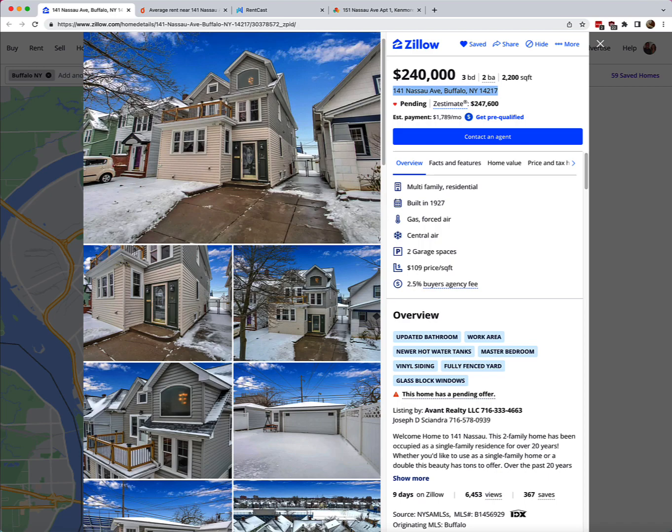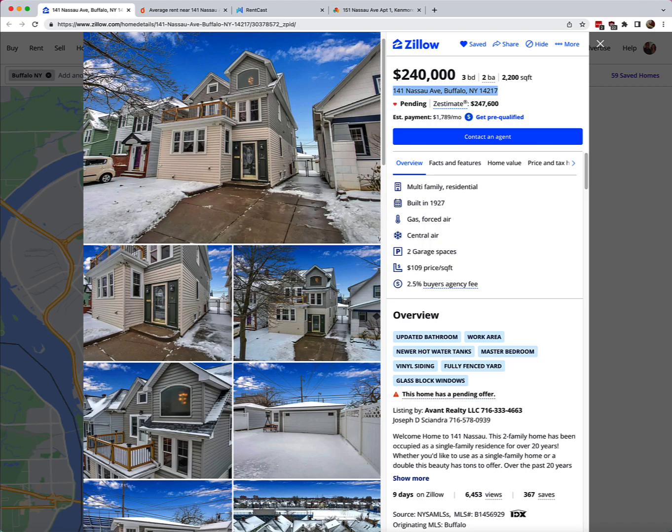How much can you depend on it? And when you see roughly the same number when using multiple sources of rent information, historical rent information, it's a good bet that the rent that you're going to obtain from the subject property is going to fall in line.